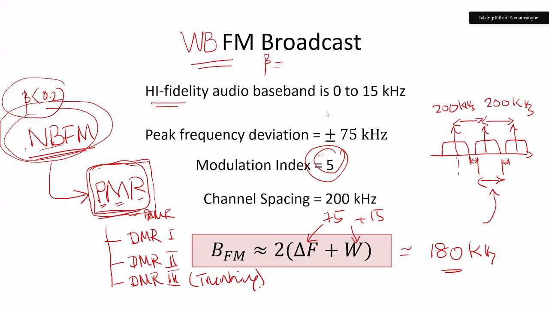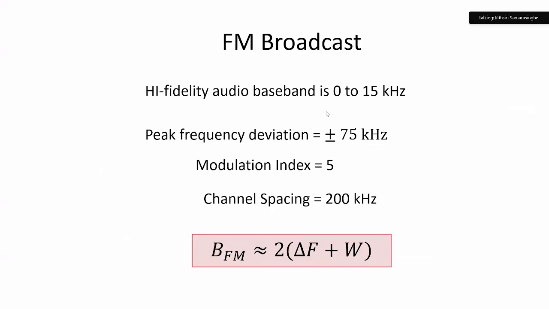In AM, it's not possible to trade off bandwidth for quality. You can also see how simple the Carson rule is now. You just need to know peak frequency deviation and the modulating signal bandwidth, then you can directly estimate the overall bandwidth of the FM signal.